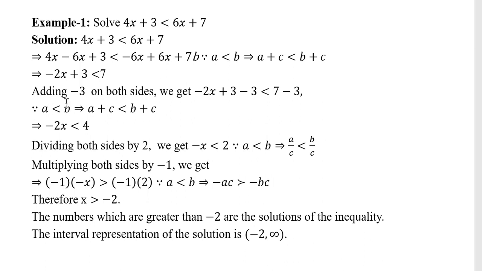Now, adding negative 3 on both sides, we get negative 2x plus 3 minus 3 is less than 7 minus 3. This implies minus 2x is less than 4.